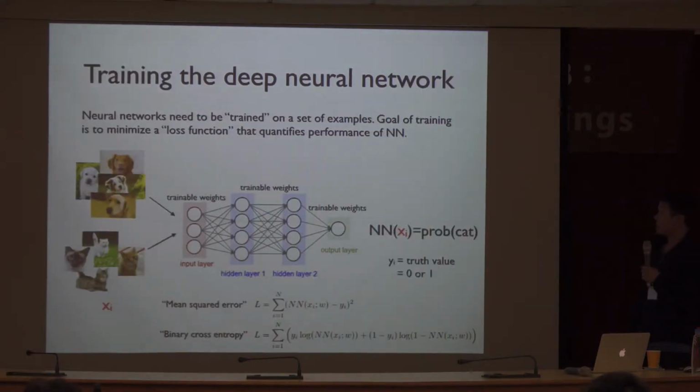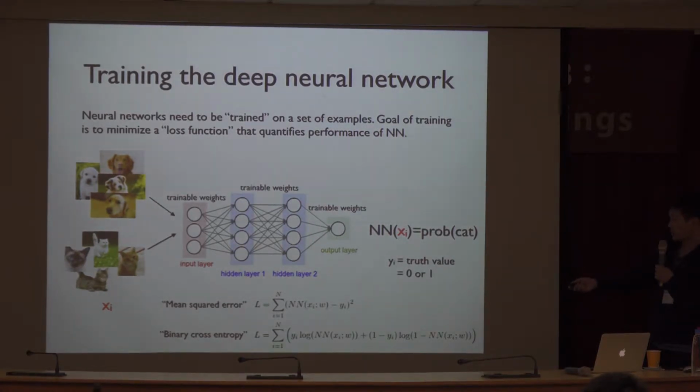Being machine learning, the learning part is that neural networks need to be trained on a set of examples. So it's learning by example. The goal of training is always to minimize something called the loss function that quantifies the performance of the neural net. In this case I'm trying to classify dog and cat pictures, the output is some probability that it's a cat, and I know the truth value, since all my images are labeled.